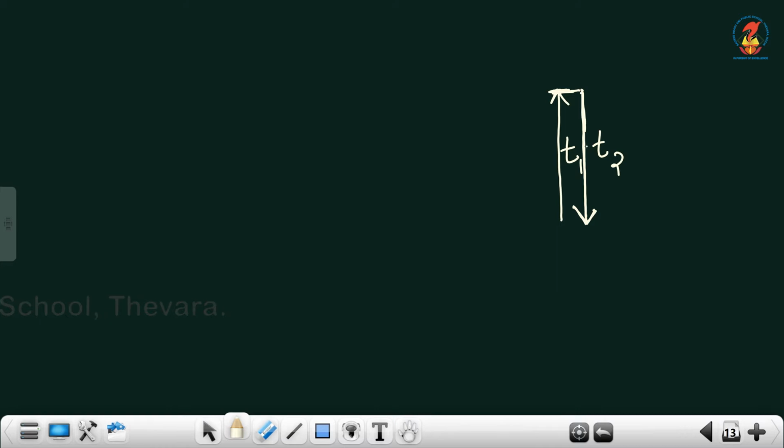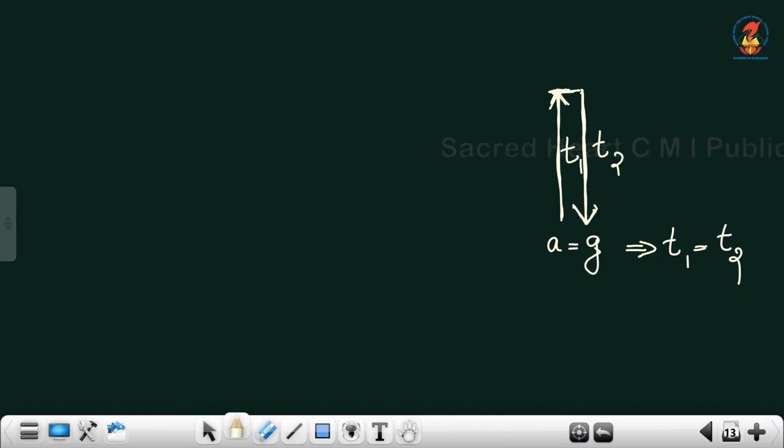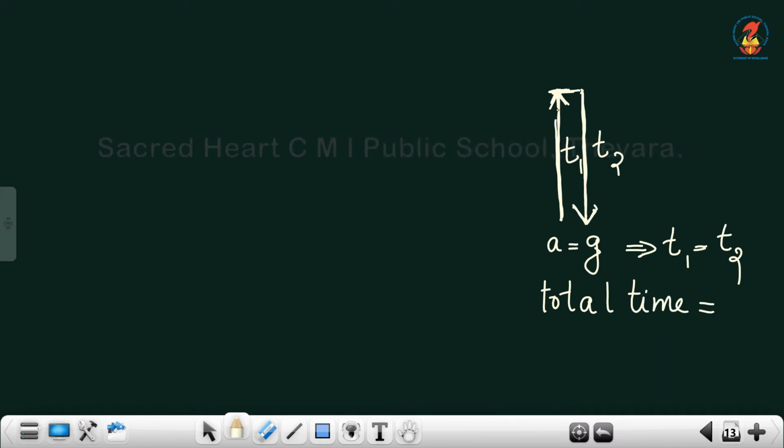Since the object is following the same path and the acceleration of the object is completely due to acceleration due to gravity, this t1 will be equal to t2. The total time taken to reach back the ground is t1 plus t2.